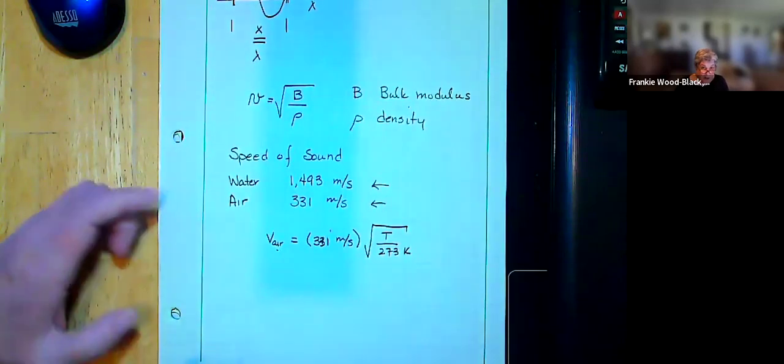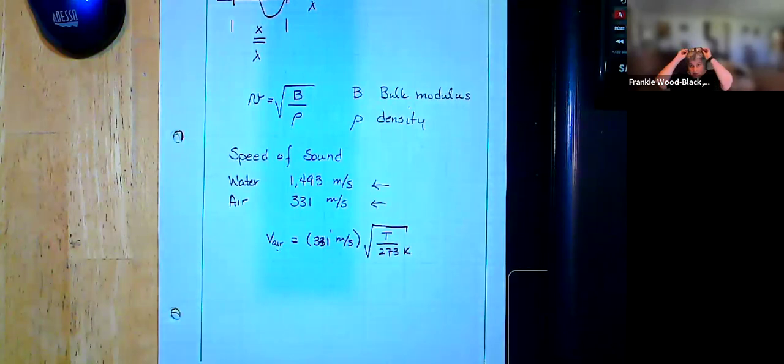And it also depends on humidity, because we all know, and we've experienced, if you go outside on a foggy morning, sound travels differently than if you're out in the desert on a very dry area. Moisture is going to cause a difference in our sound.